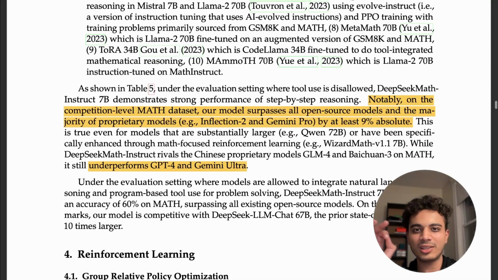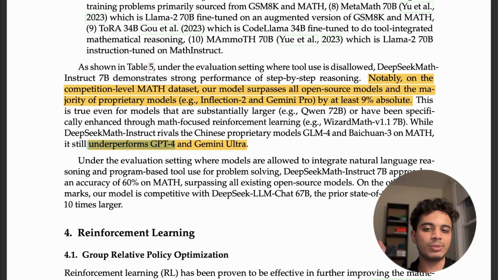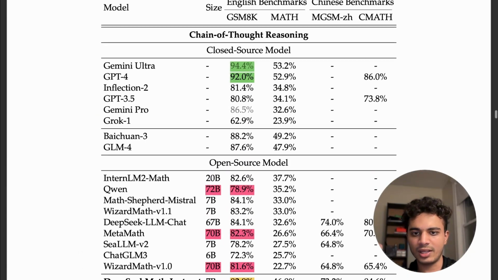We do not know how big those models are, yet they are able to do it. But there are some caveats: they are underperforming as compared to GPT-4 and Gemini Ultra. Still, their performance is at some level comparable to them. Fine. Okay, here's the table that I want to show you.